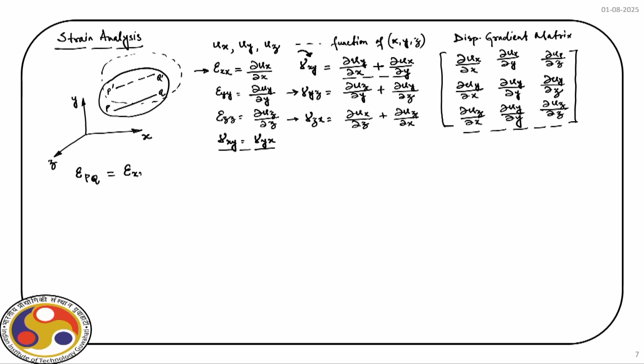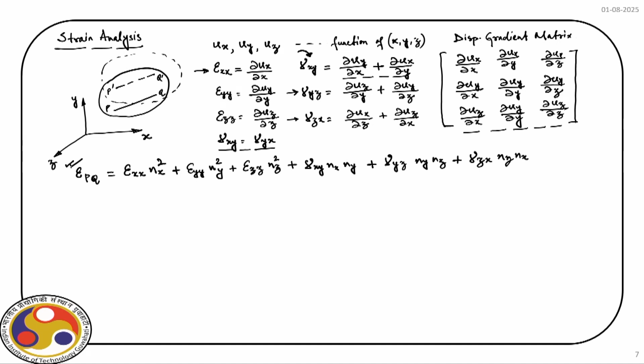So, we have epsilon xx nx square plus epsilon yy ny square plus epsilon zz nz square plus gamma xy nx ny plus gamma yz ny nz plus gamma zx nz nx. Okay. So, that is the expression for the strain the line PQ experiences.